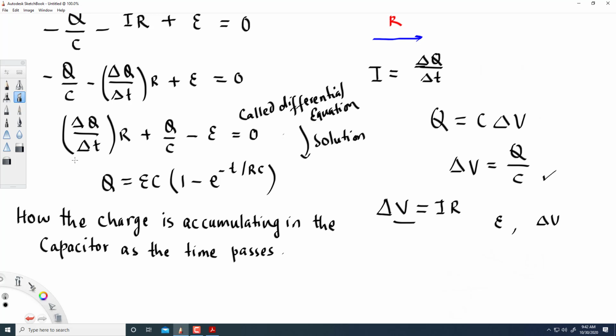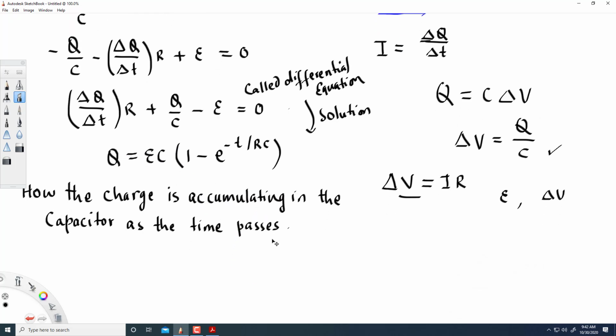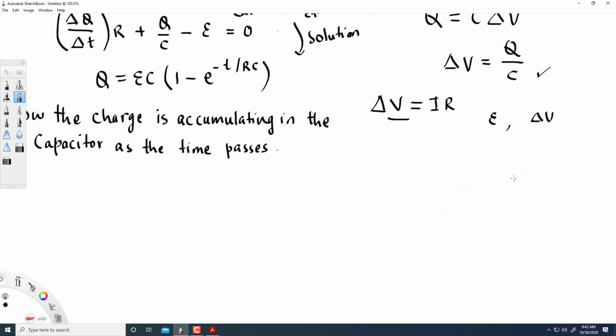When you start the circuit in the very beginning, at the instant when you connect this circuit, let's say you have a switch here. At the instant when you close the switch, the current will start to flow.